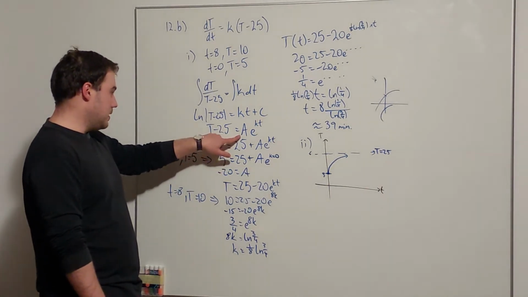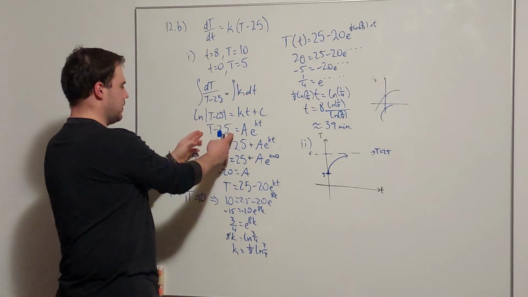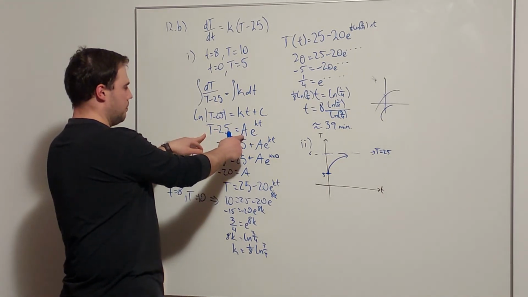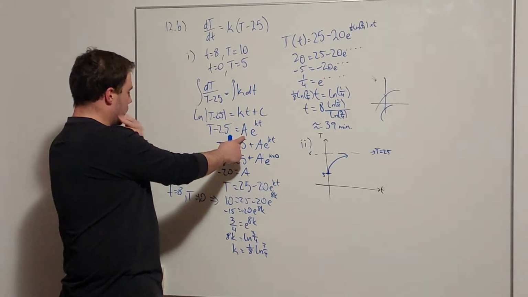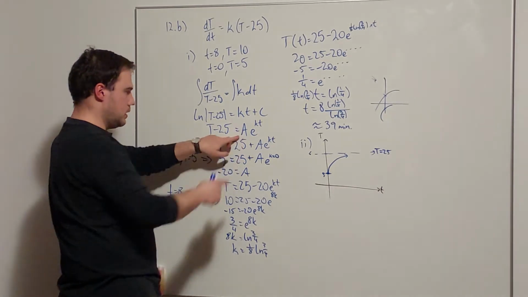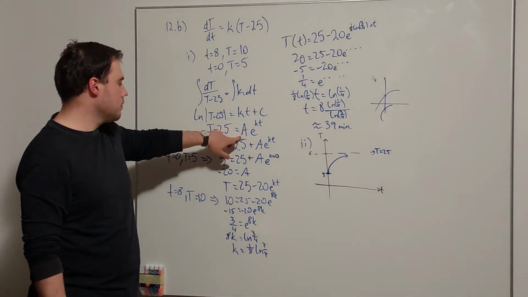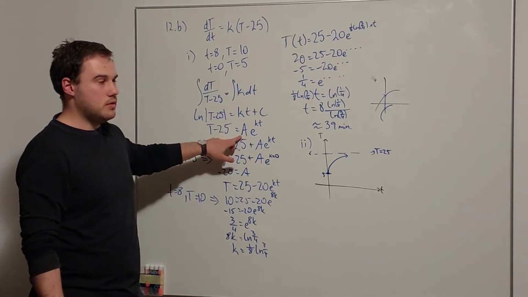When we get this bit here, in theory we have an absolute value, and the opposite of absolute value would be plus or minus here. But if we've got a constant that we're going to sub in to solve for, a could be negative or positive.